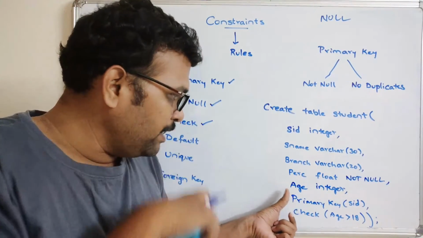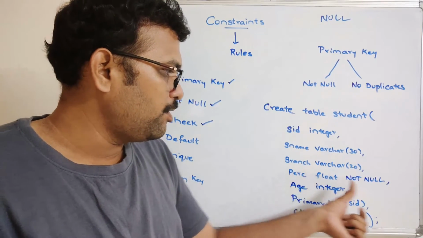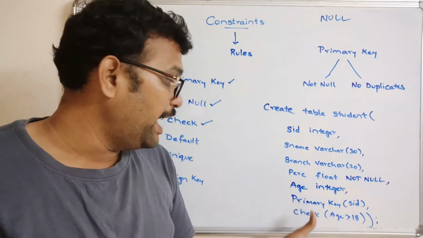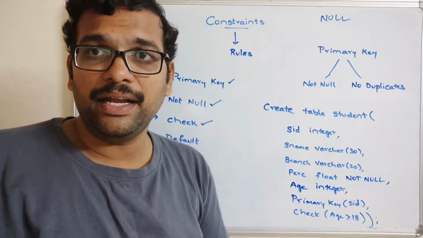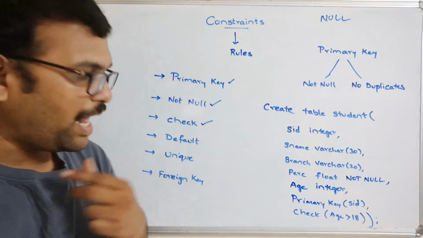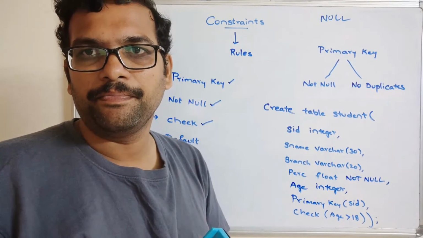In that, the primary key is set for the SID, not null is set for the percentage, and check age greater than 18. While inserting the data, if you give an age value less than 18, it will not be accepted.